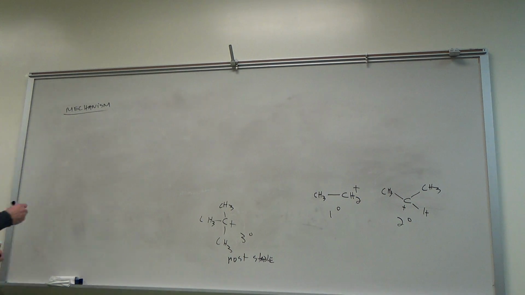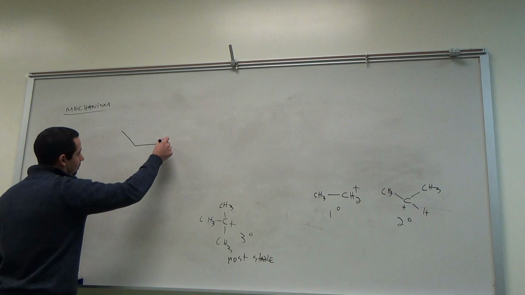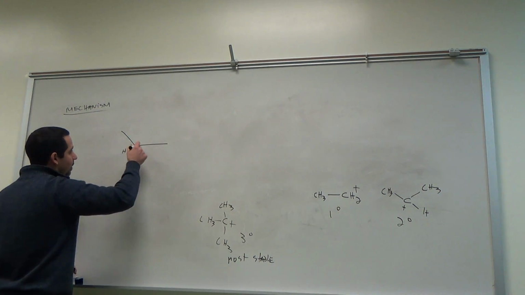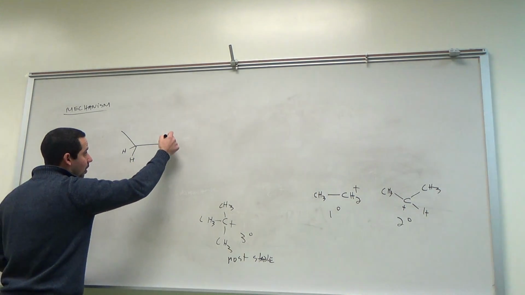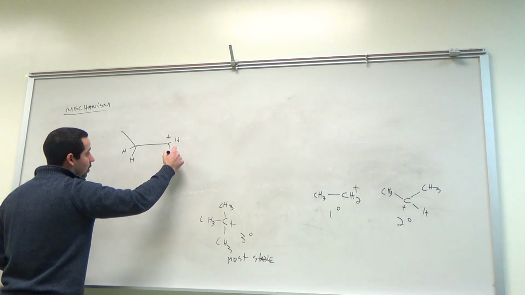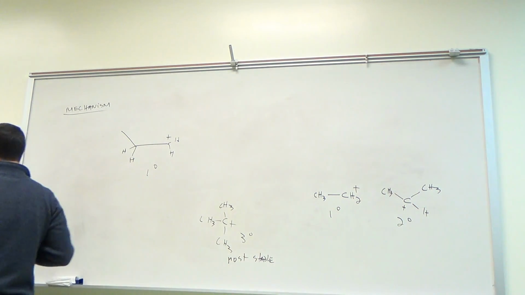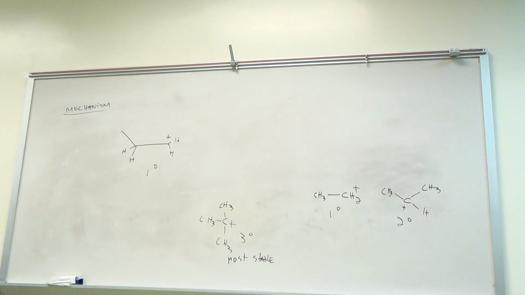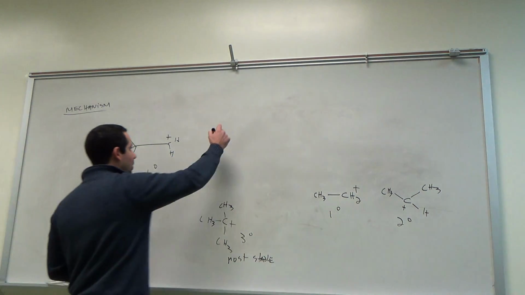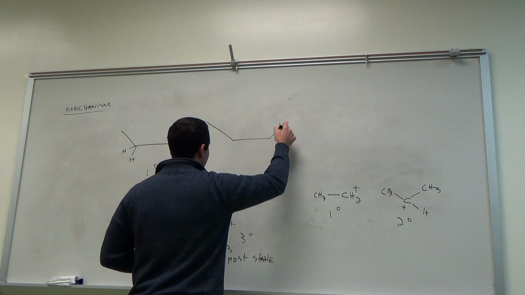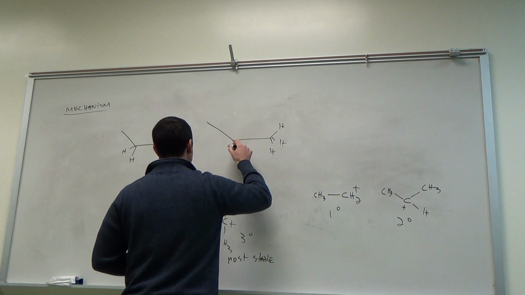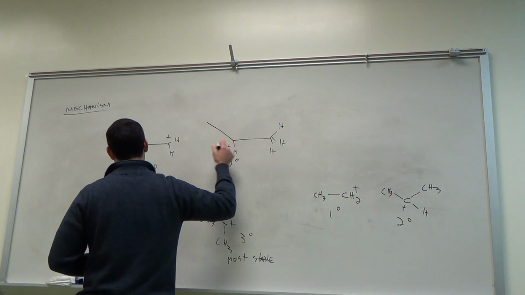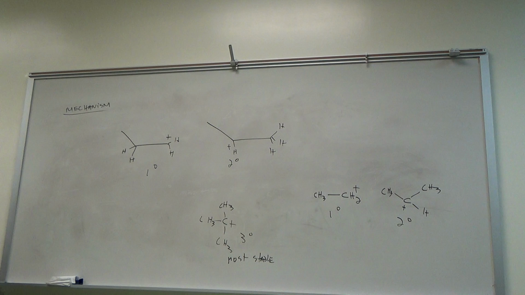If the hydrogen would have added to this side, there was a hydrogen already there on the double bond, then the carbocation that would have formed was this carbocation, which is primary. This carbocation does not form because it is primary. There is a choice. The carbocation that will form is this, because this carbocation is secondary. This is the one that formed, not that one.